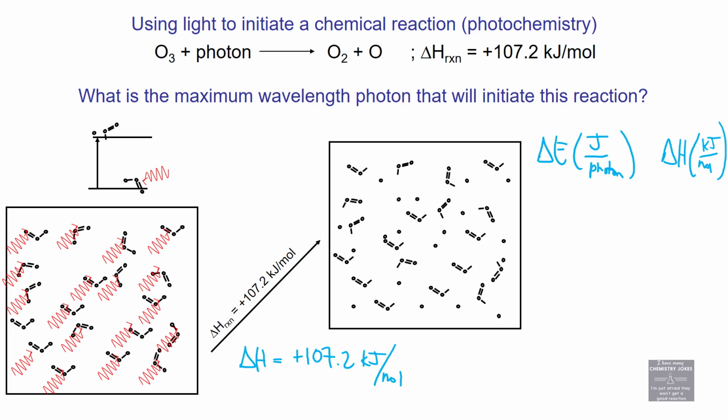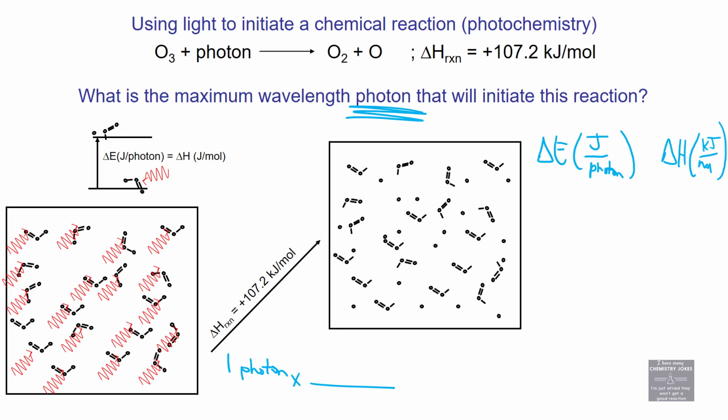I simply need to make these things equal each other. So if I start with one single photon, because I want to know about one photon, let's transfer to say 1 mole of photons, which is 6.022 times 10 to the 23rd photons.